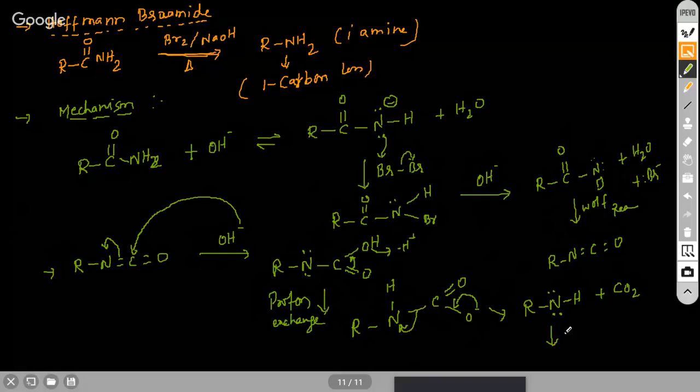Now, in the last step, H plus from the solvent, or this base that you are using here, KOH, NaOH, from there. This H plus will attack onto this lone pair of nitrogen, and finally you get RNH2, right? Plus CO2 plus OH minus.